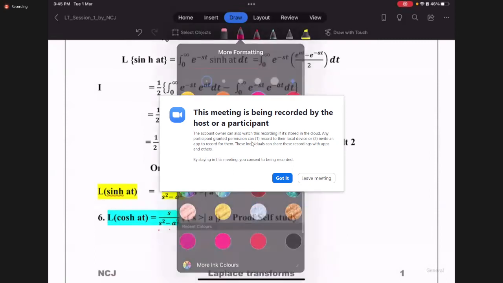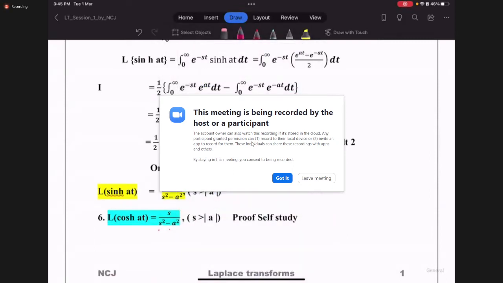Okay, so how many formulas have we seen? First, Laplace of 1 is 1 by s. Laplace of e raised to at is 1 by s minus a. Laplace of e raised to minus at is 1 upon s plus a.